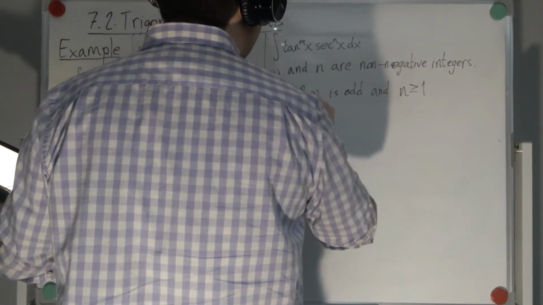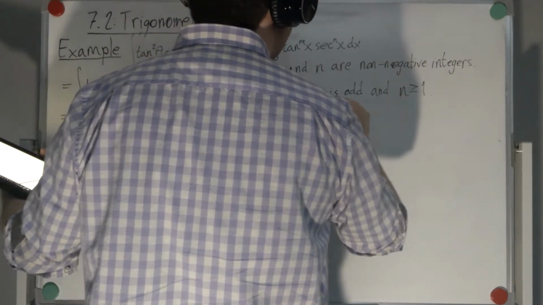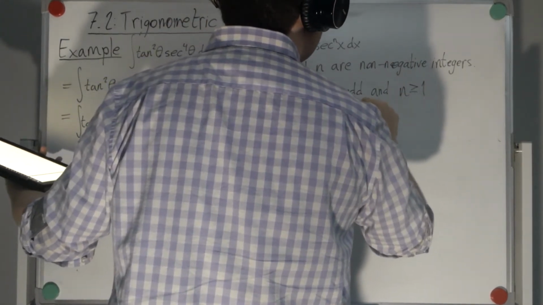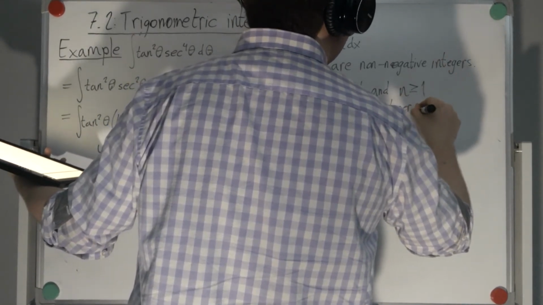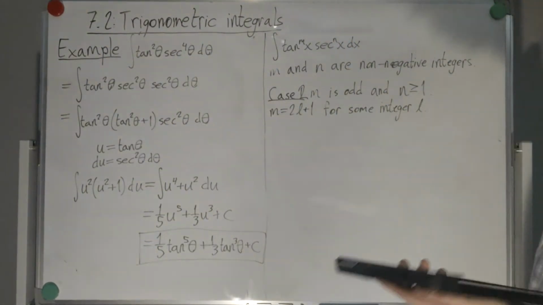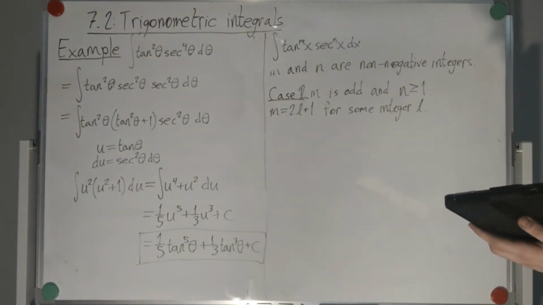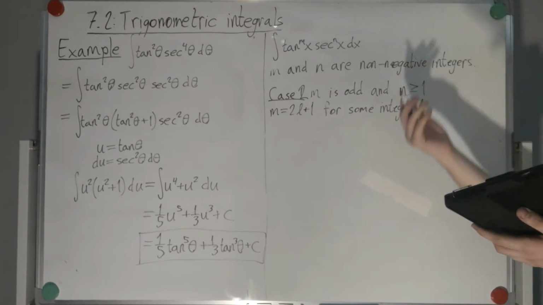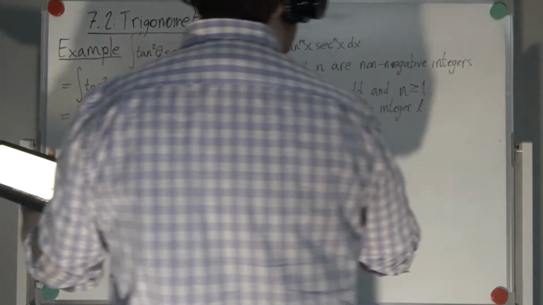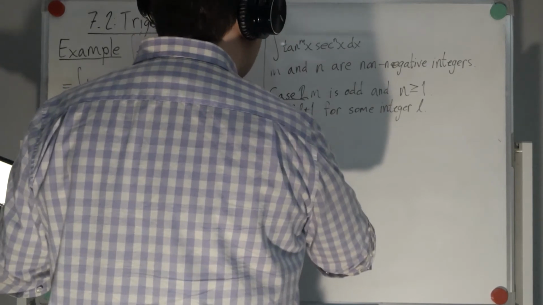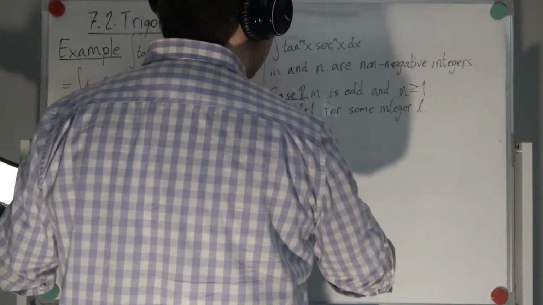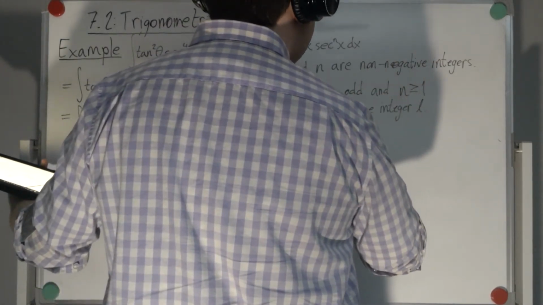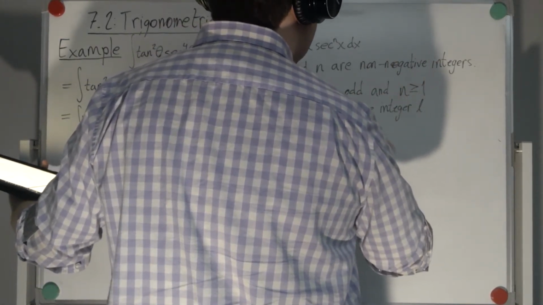In that case, of course, m is equal to 2l plus 1 for some appropriate integer l. In which case, what we're looking at here becomes the integral of tangent to the 2l plus 1 of x times secant to the n of x dx.